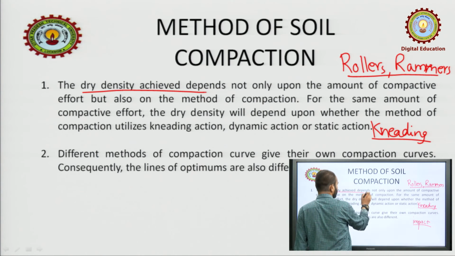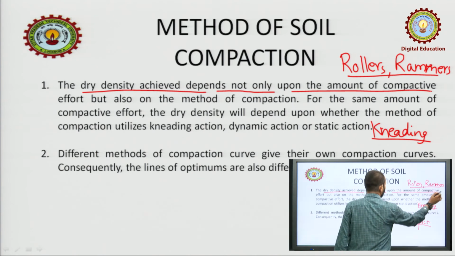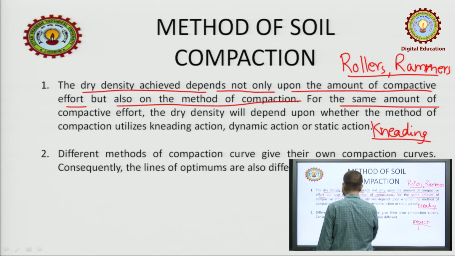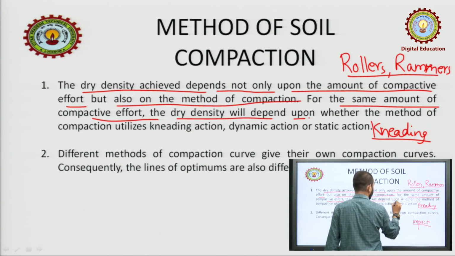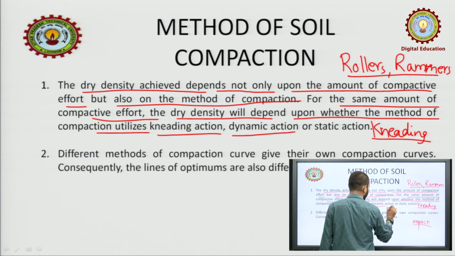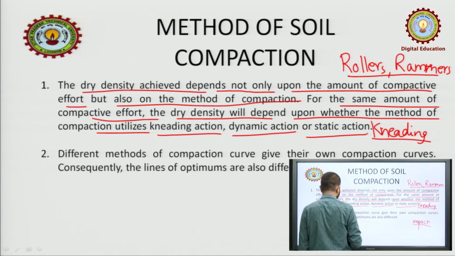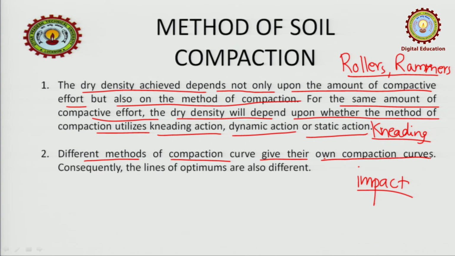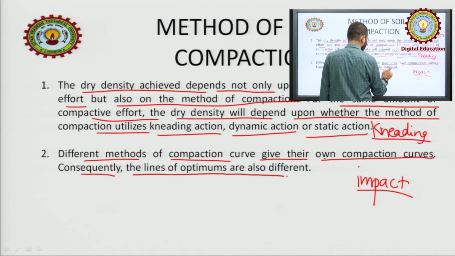The dry density achieved depends not only upon the amount of compactive effort, but also on the method of compaction. For the same amount of compactive effort, dry density will depend upon whether the method of compaction utilizes kneading action, dynamic action, or static action. Different methods of compaction give their own compaction curves. Consequently, the lines of optimums are also different.